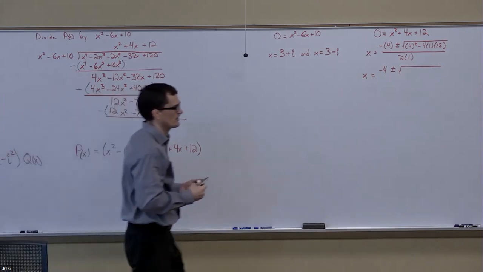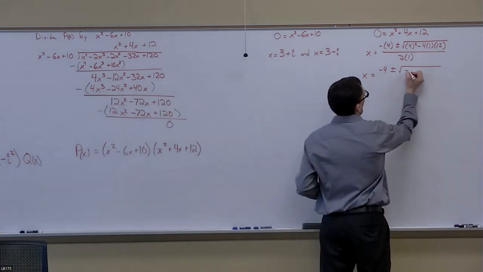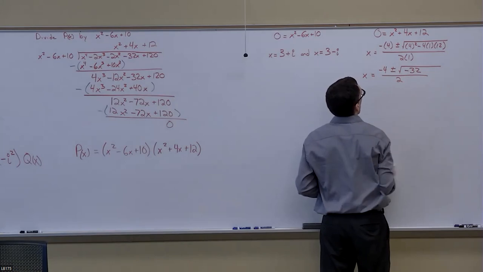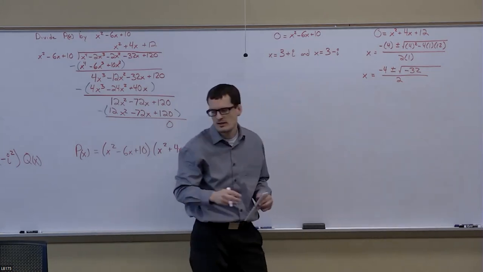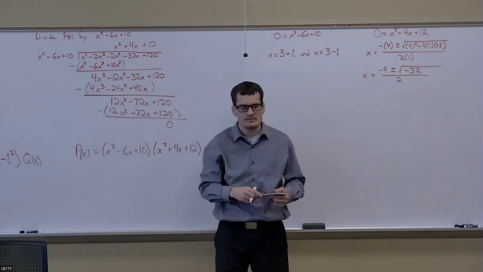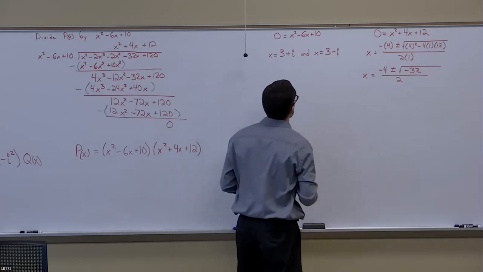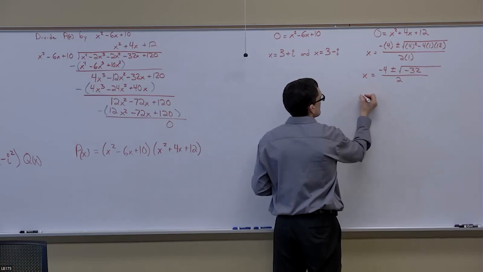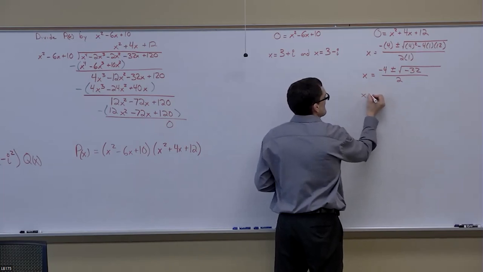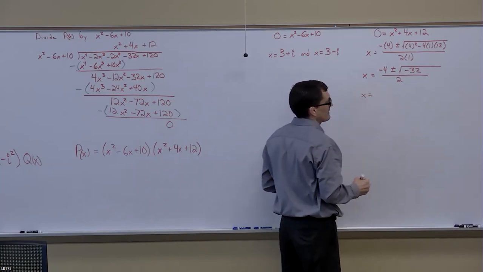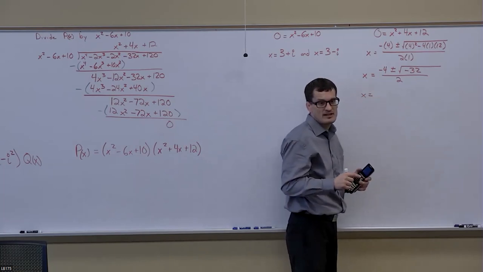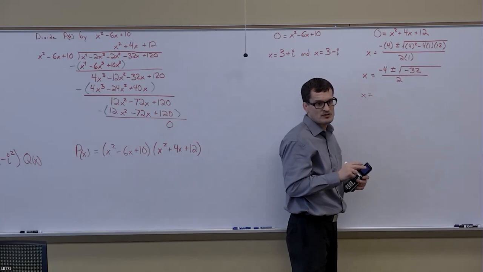I got negative 32. Negative 32, not only is that a complex number, but it's also one that does not have a perfect square.